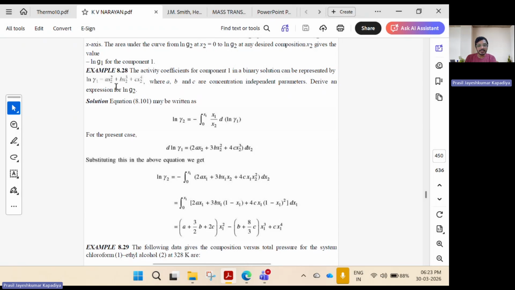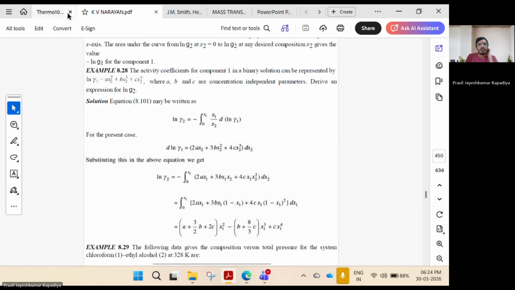If I am differentiating this equation, it will be 2a x2 plus 3b x2 square plus 4c x2 cube. This is d ln gamma 1 by dx2.